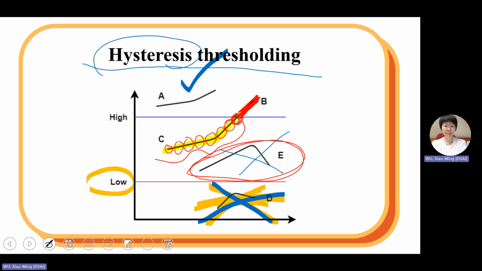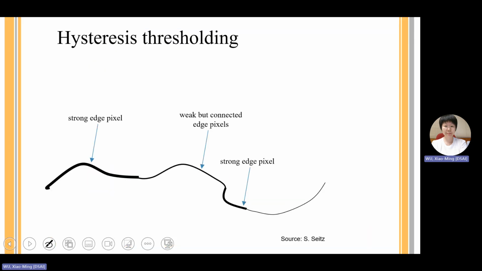So these pixels are connected, and if we want to know whether the current pixel is an edge pixel or not, we need to take a look at its neighboring pixels, whether they are connected with strong edge pixels. Okay, so this is the idea of hysteresis thresholding.